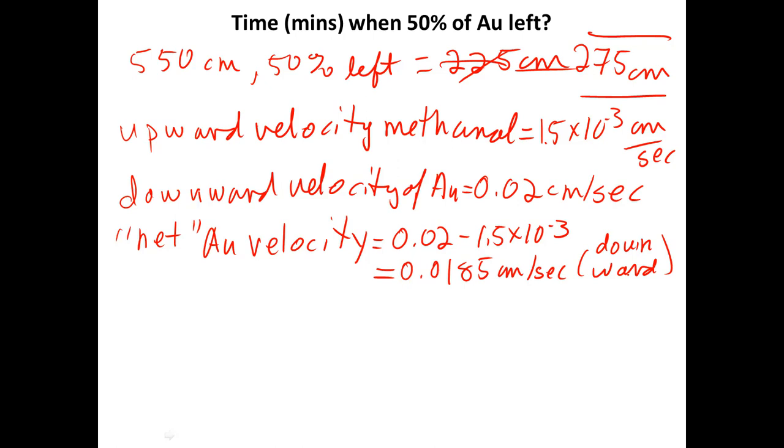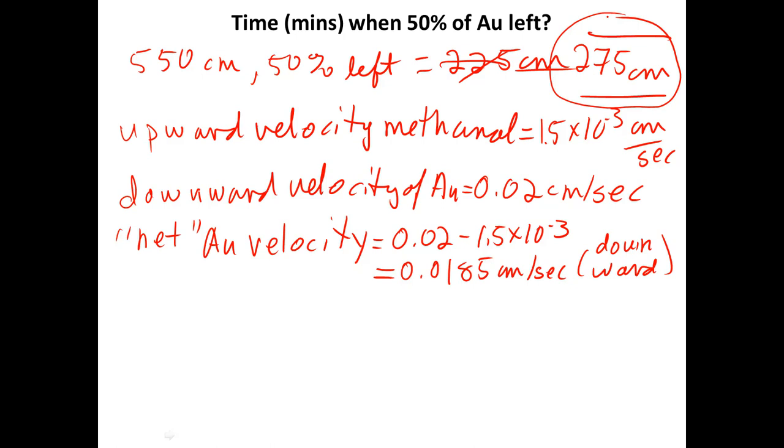Downward net velocity. Now, so that's the net velocity of gold. It has to traverse 275 centimeters for half of it to leave the system.